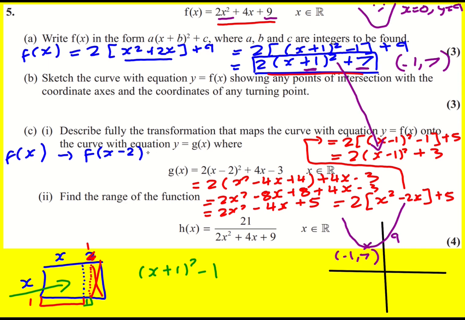Okay, I want a plus 3, so I need to then minus 4 from it. And therefore, this is a translation by 2 in the x direction, and then minus 4 in the y direction. I can write that really nicely just as a vector. Translation by 2, minus 4.